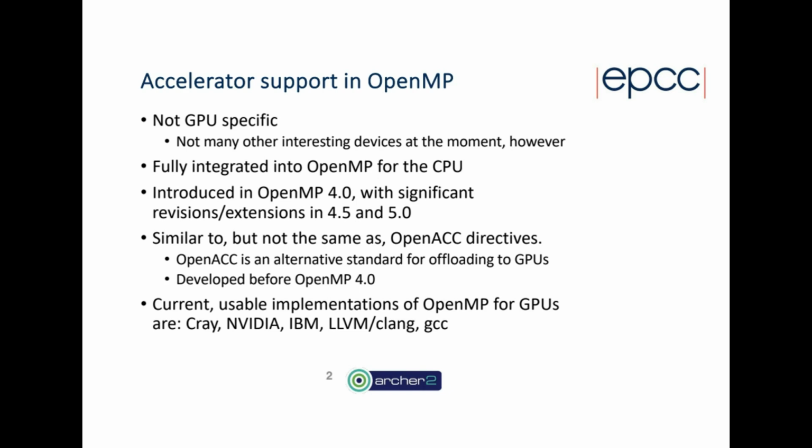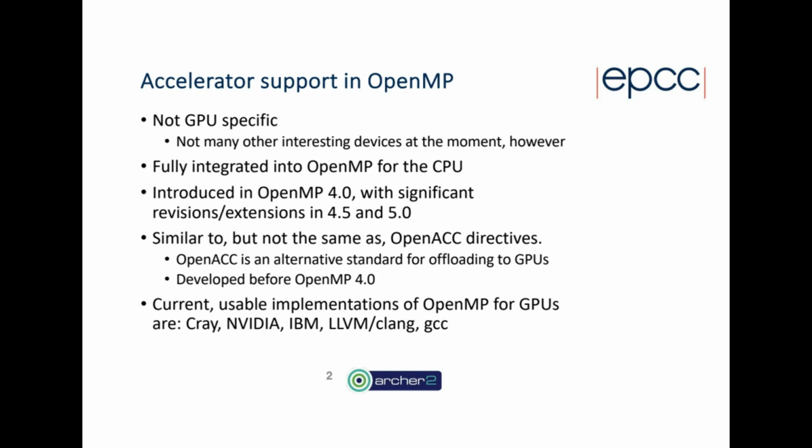The nice thing about OpenMP offloading is that it's fully integrated into the rest of OpenMP. It's been around for a while now. It came in 4.0, but there were some revisions, and some changes were made to how it works, as well as extending it in 4.5 and 5.0.